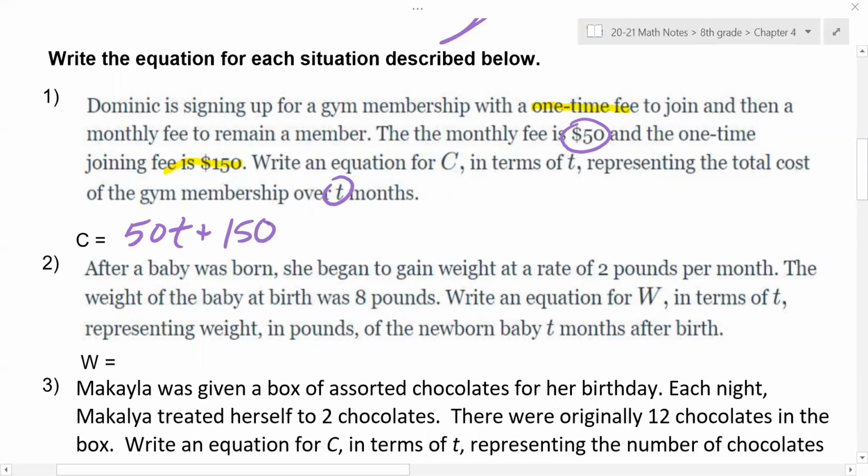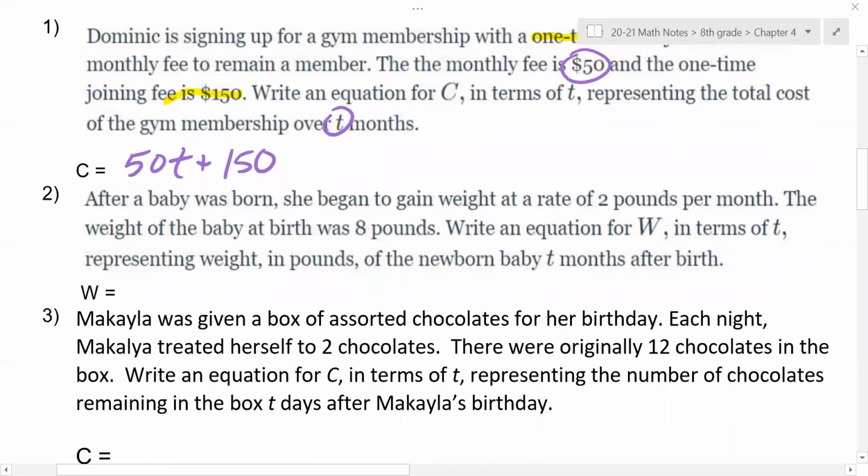So we're finding out what it's going to cost in general at any given time to be a member of that gym. So whenever we're looking through these, we have to pick out, okay, what's the constant? It's going to be $150 regardless. And then what is being multiplied by the variable, and the variable here is T, which is the time in months.